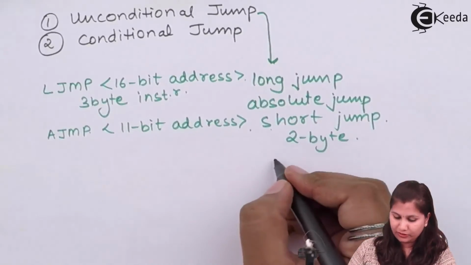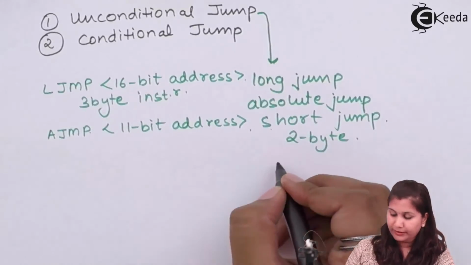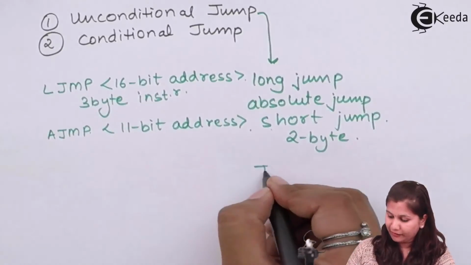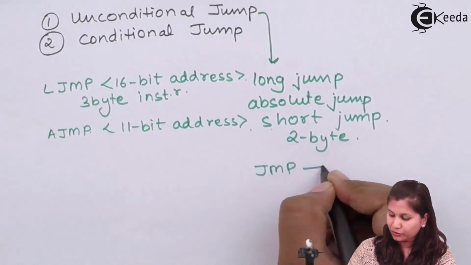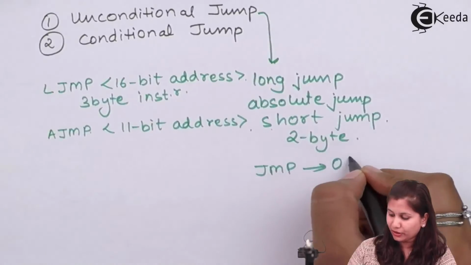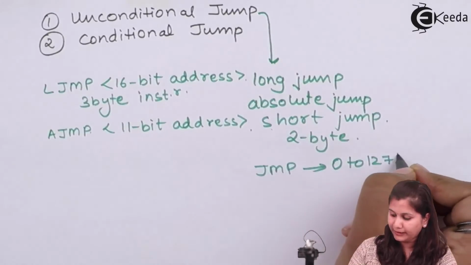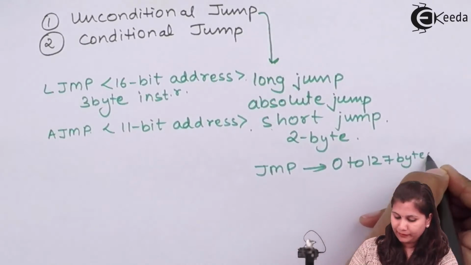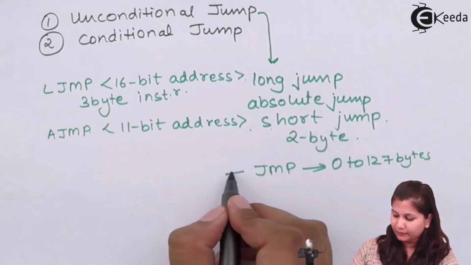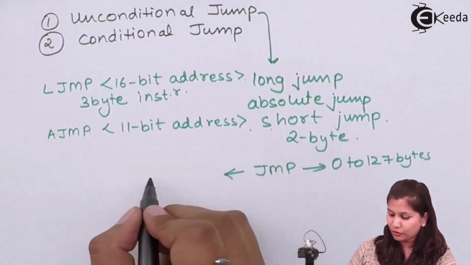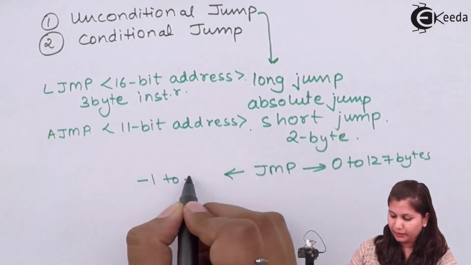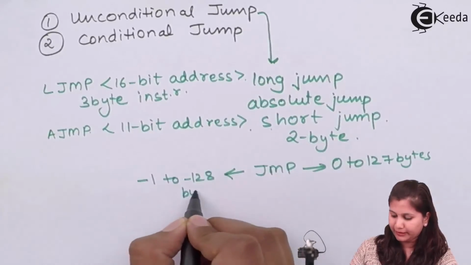in which the address range is as follows: in the forward direction, it can jump 0 to 127 bytes, and in the backward direction it can jump from -1 to -128 bytes.